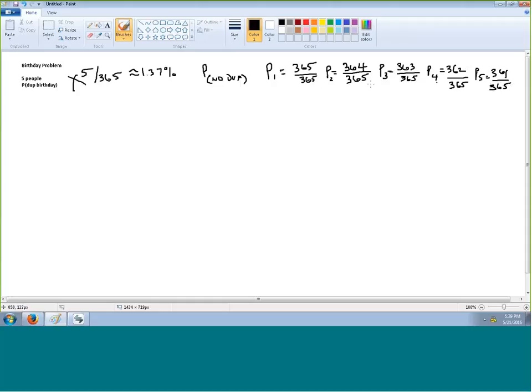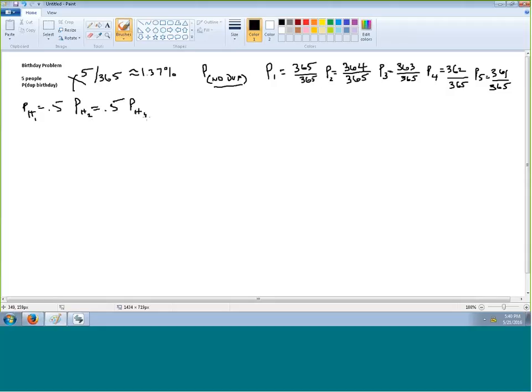Okay, so how do we combine these to get this no duplicate probability, if you will? Well, back to the coin flipping problem. This may not seem intuitive, but think back to the coin flipping problem. What's the probability of a coin coming up heads? 0.5, 50%, right? We'll say that's the first try. What's the probability of it coming up heads on try number 2? Well, it's also 0.5.